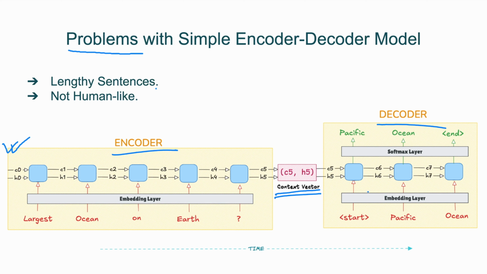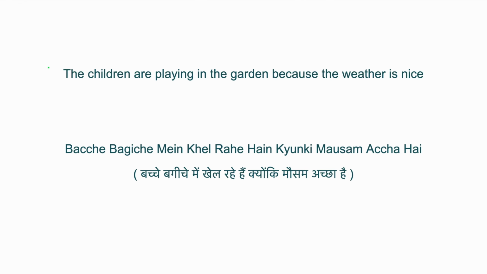The first problem is lengthy sentences. As the length of the sentences increases, the performance or accuracy of the encoder-decoder model decreases. The second issue is that it is not human-like. To understand this, let's look at an example. Consider a machine translation task.